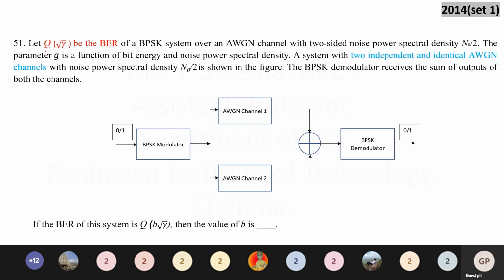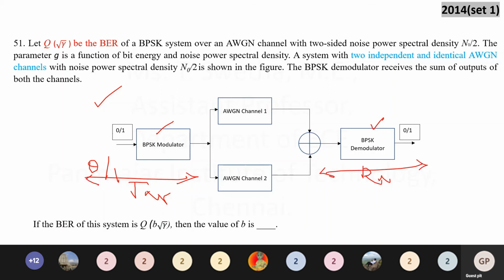The question says: here in the diagram they have given a system. The input will be 0 and 1. You give logic 0 and logic 1 as input to a BPSK modulator. Till here is the transmitter, and from here to here is the receiver.